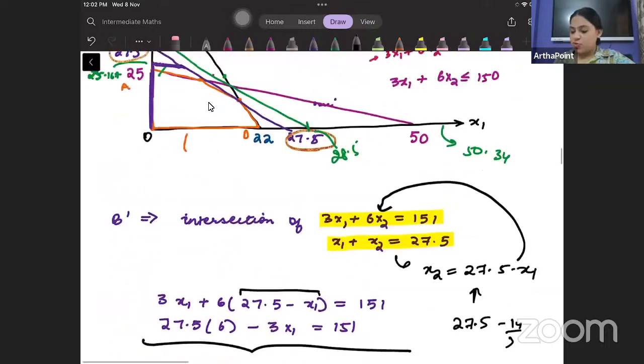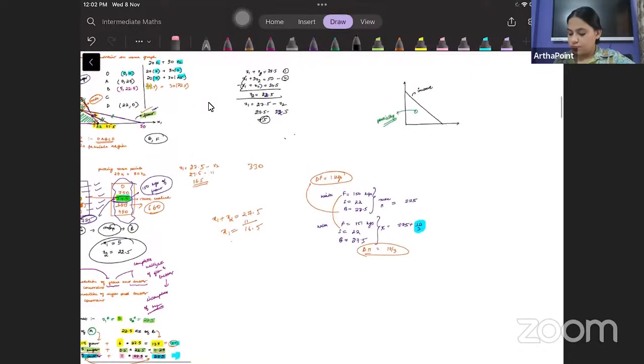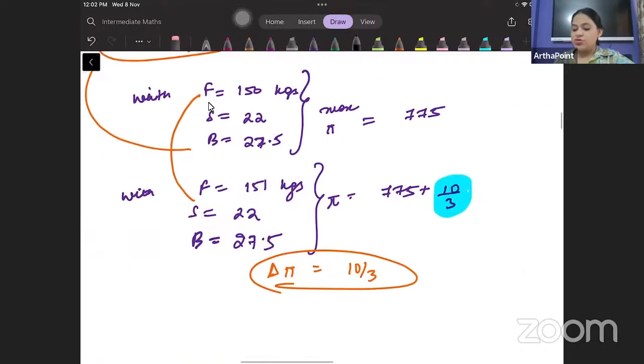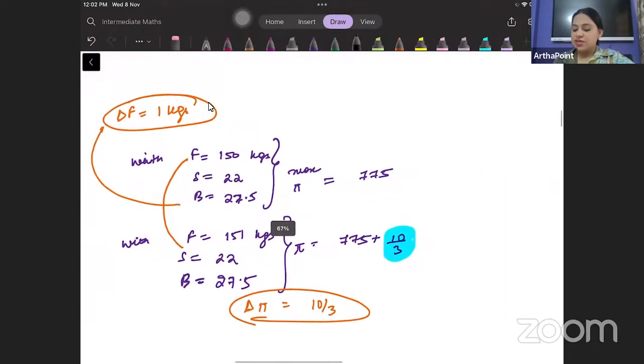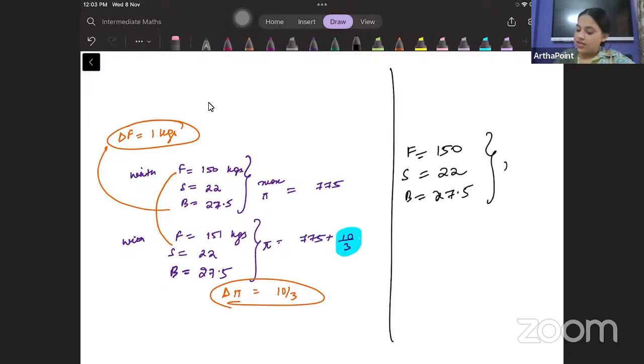Again, let's try to see what has happened. Try to see here. Now what I am saying is the following. I am saying that when my flour was 150, when my sugar was 22 and butter was 27.5, the maximum profit I was making was 775.